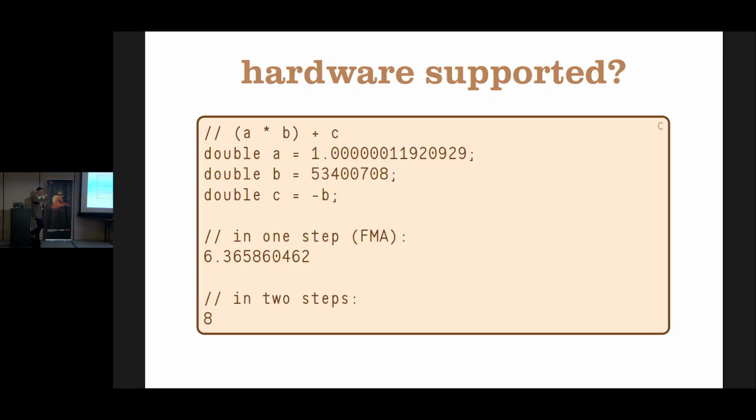Worse, fused multiply add is a one-step operation. Typically, it's implemented as an assembly operation. So if you're doing a calculation like A times B plus C, fused multiply add is a 3-input operation that will do the calculation all at once for you.